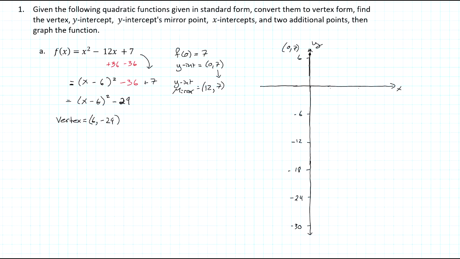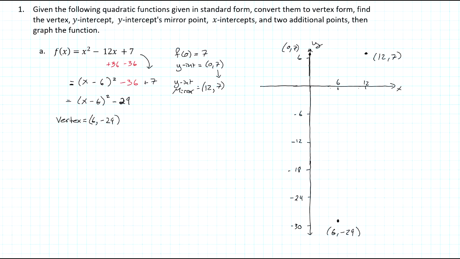And then we want the vertex at 6, so if I do 6 here, and this is 12, that would make this maybe a little easier. 6, negative 29 would be here. And that y-intercept mirror point is going to be, the axis of symmetry is here, and so that's going to double over to 12, just like we predicted. 12, 7.